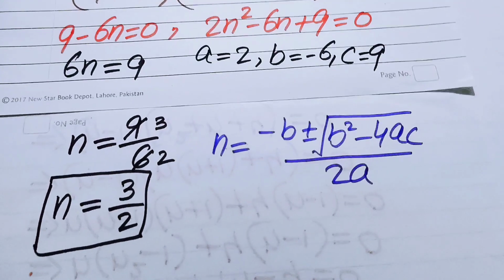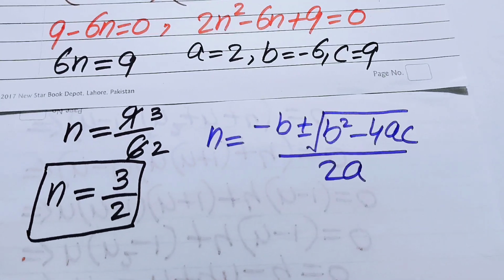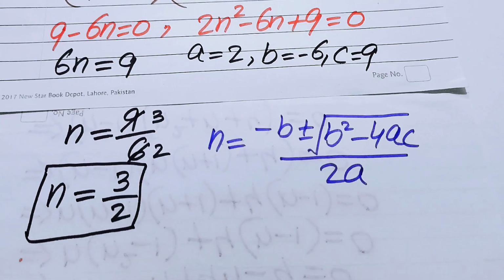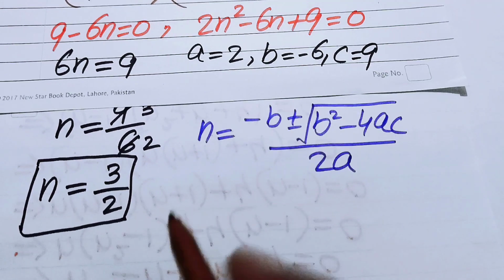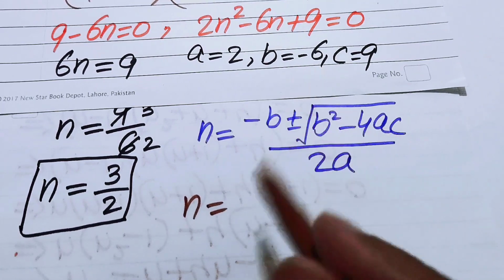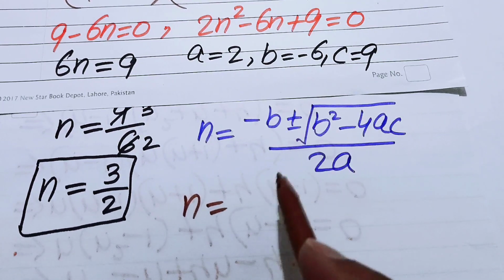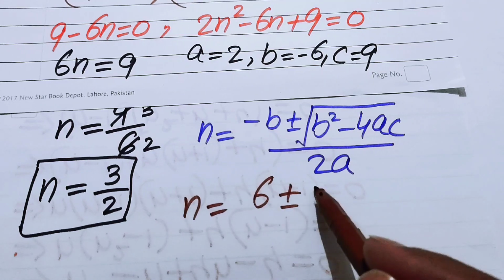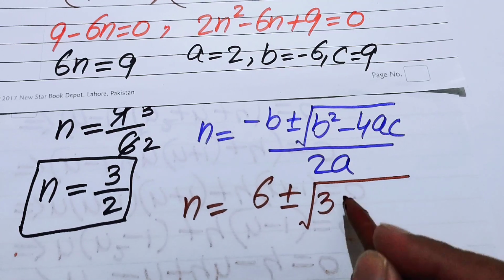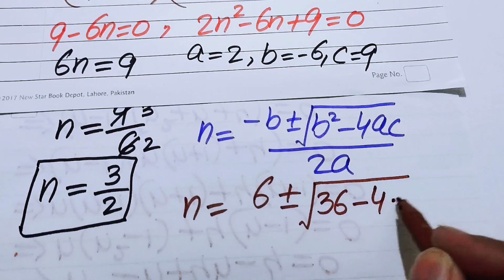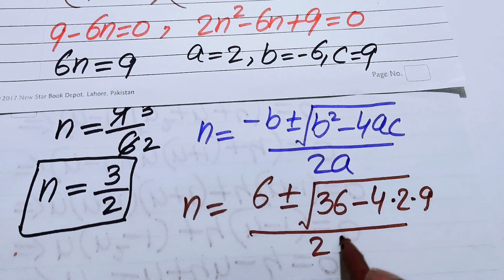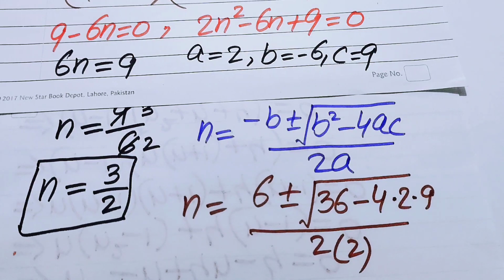Now we put all the values of a, b and c in this formula, and we will get its output in this form: n equals minus b, and the value of b is minus 6, so this minus times minus becomes plus 6, plus or minus the square root of b squared, and b is minus 6, so minus 6 squared is 36, minus 4 times a, which is 2, and c is 9, and this whole over 2 times a, and a is 2.